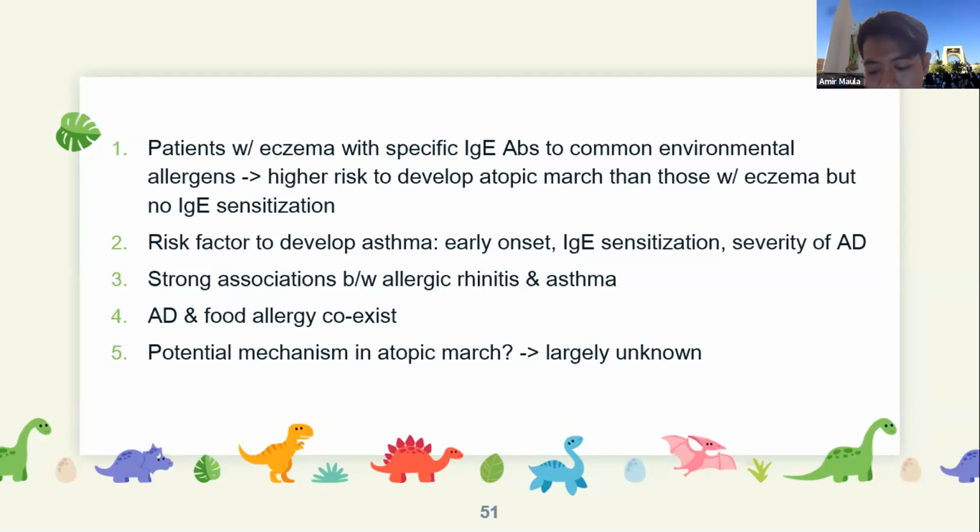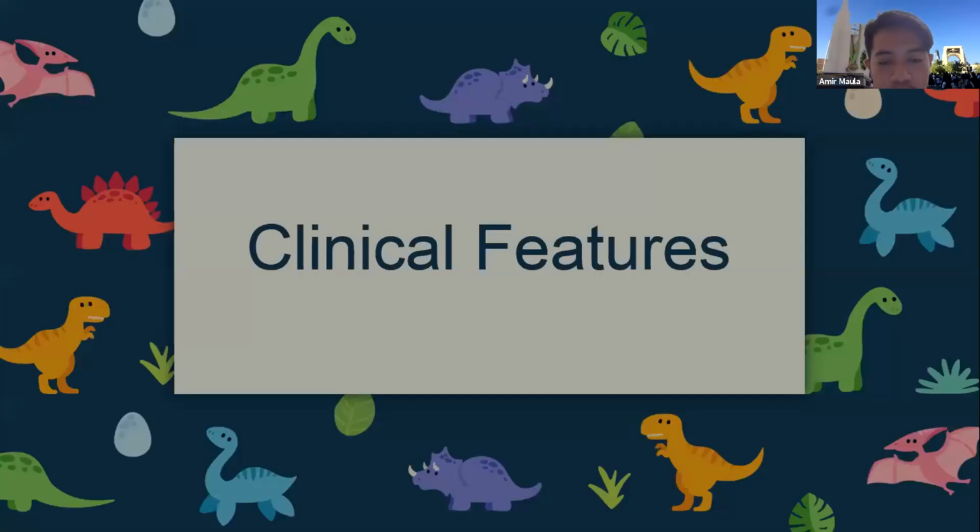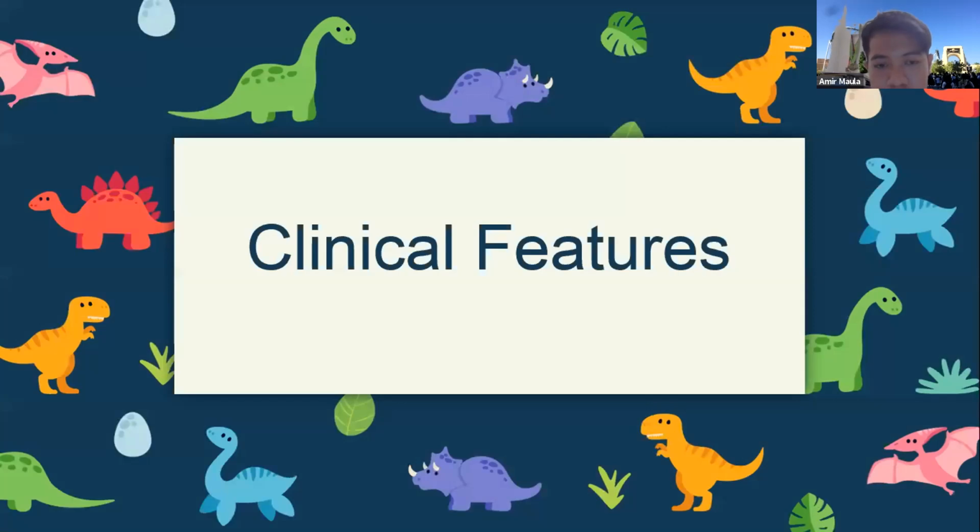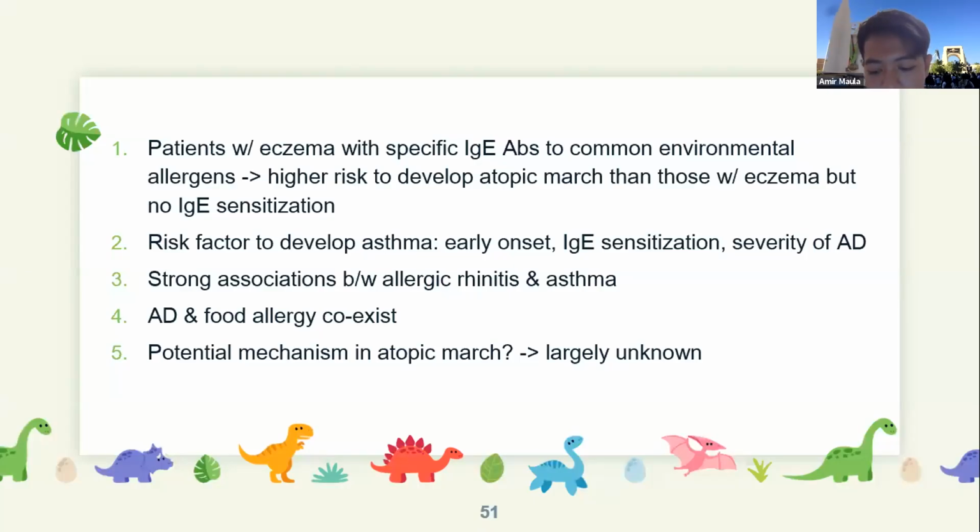These allergies can become a provoking factor, or an exacerbating factor, for atopic dermatitis. But overall, how the mechanism in atopic march happens is still largely unknown. But the association is very strong between all four of these diseases.